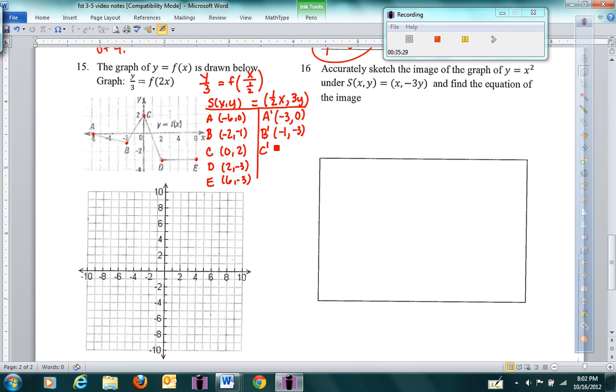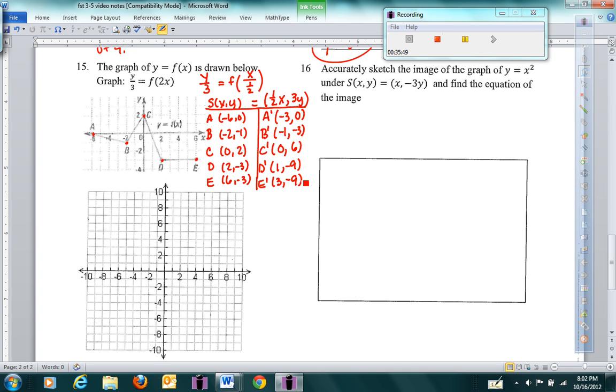My C prime point will be half of 0, and 3 times 2. My D prime point will be half of 2, and 3 times negative 3. My E prime point will be half of 6, and 3 times negative 3.